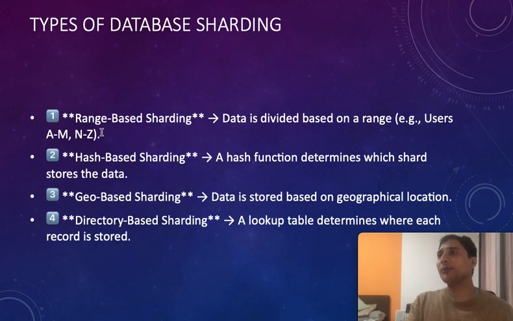To shard the database, we can shard it based on range or based on some kind of hashes, where a unique key can be defined for each particular record. We can use geo-based hashing, like maybe Facebook uses separate databases for users or social media posts based on their regions. Let's say for the US it will have a separate database, for the EU region a separate database, then maybe Southeast Asia or India or the Middle East, they would have their own databases.